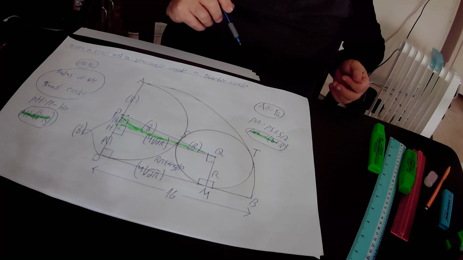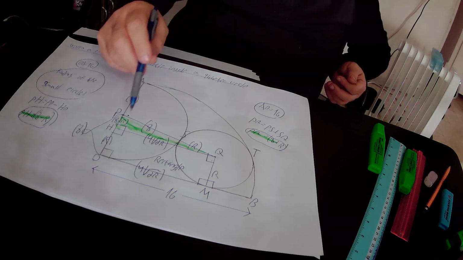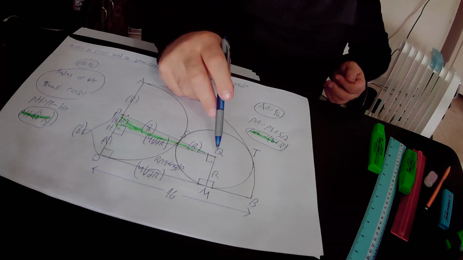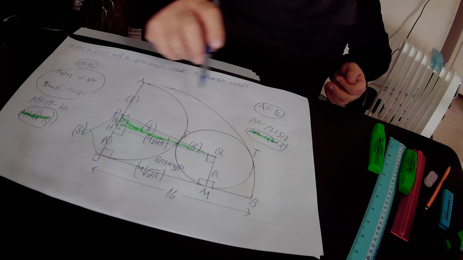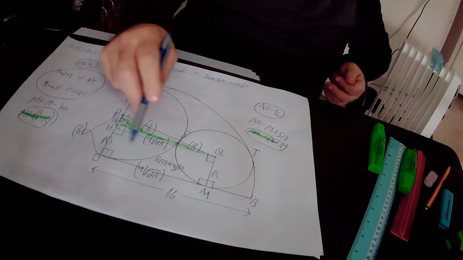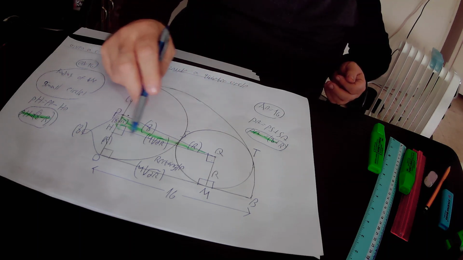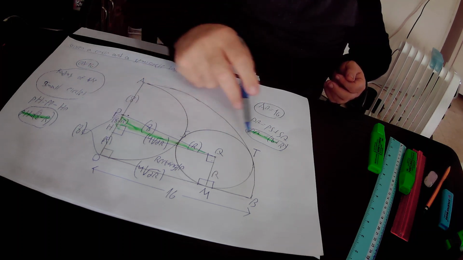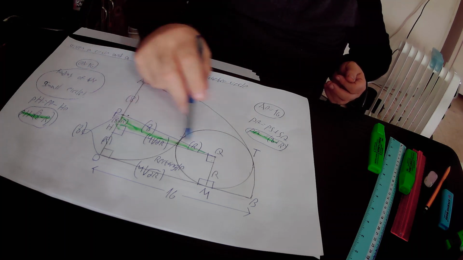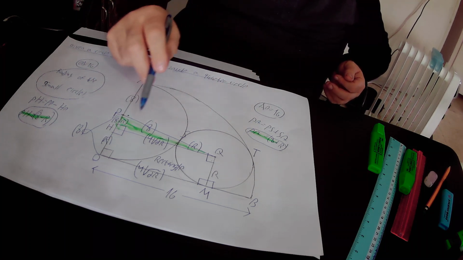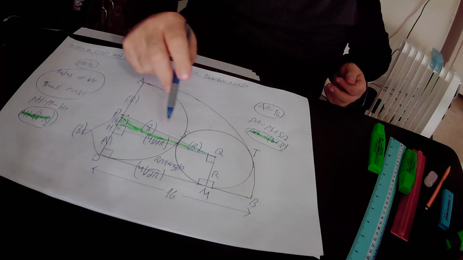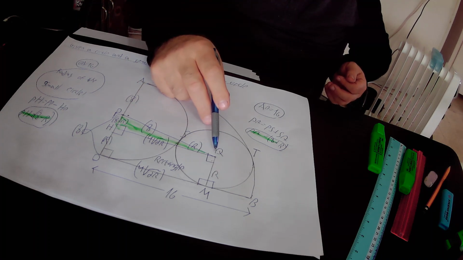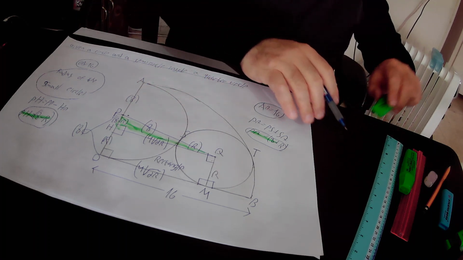So according to rule 9, first of all we know that the center of the big quarter circle is here at point O. The center of this small circle is here at point Q. And the straight line that connects their centers together is of course the straight line OQ, and according to rule 9, the straight line OQ must pass through their touching point, that is point T. Or OQT is one straight line. So I connect points O and T together by a straight line, and according to rule 9, the straight line OT must pass through point Q. Okay.